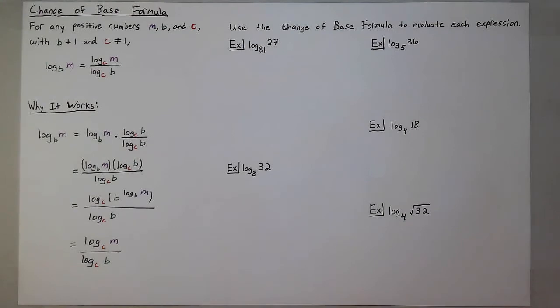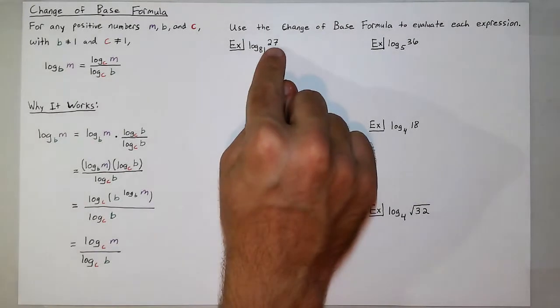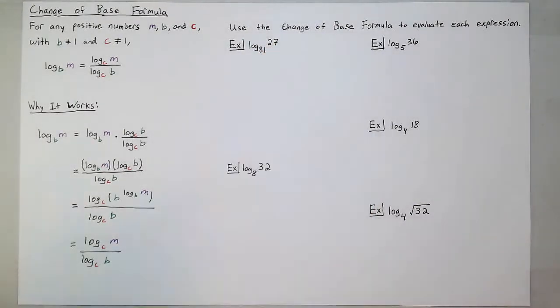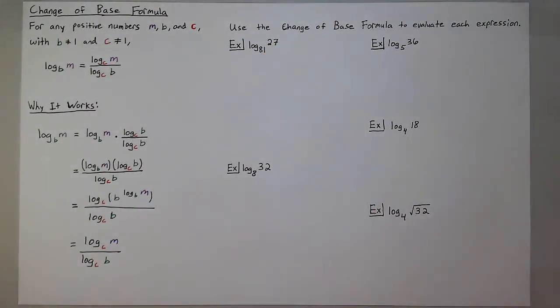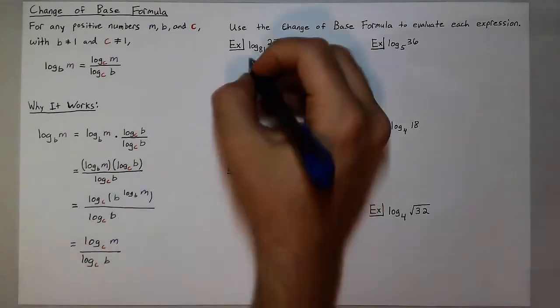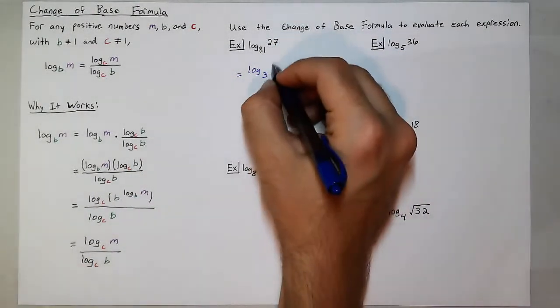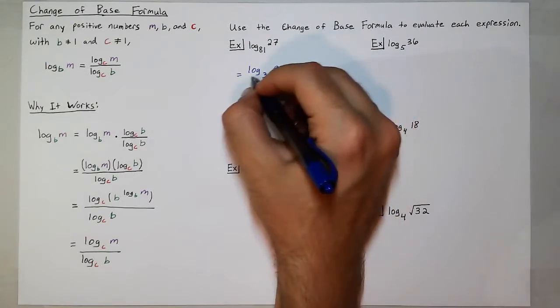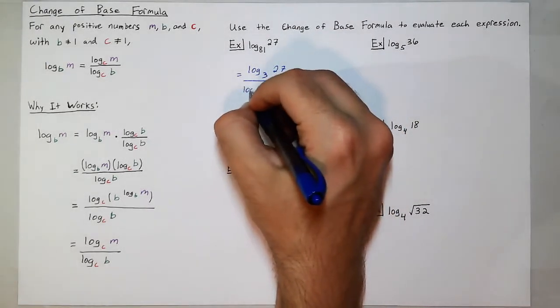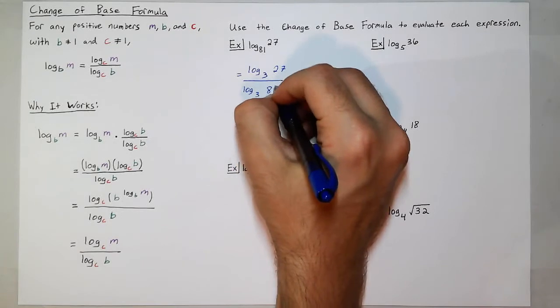Now let's put this into practice. One thing I'm noticing over here with log base 81 of 27 is that both 81 and 27 are powers of 3. So using the change of base formula, I can rewrite this to be log base 3 of 27 divided by log base 3 of 81.